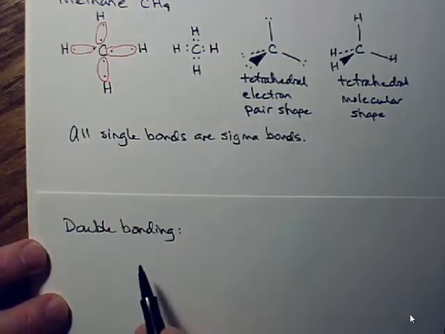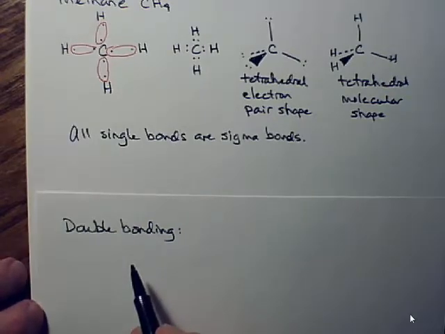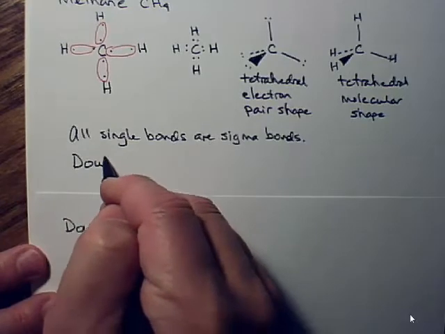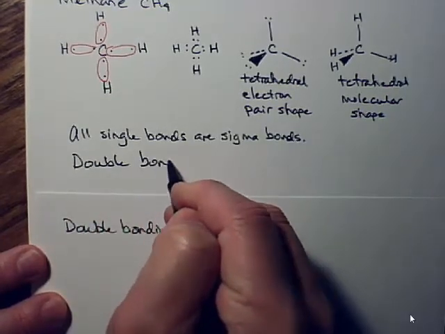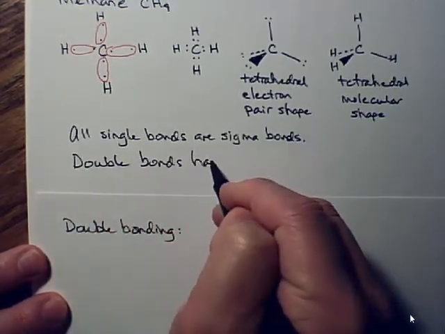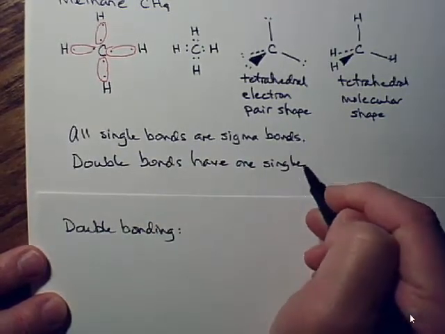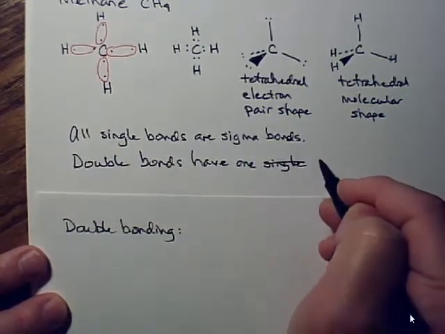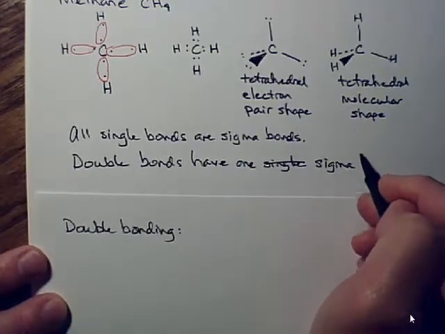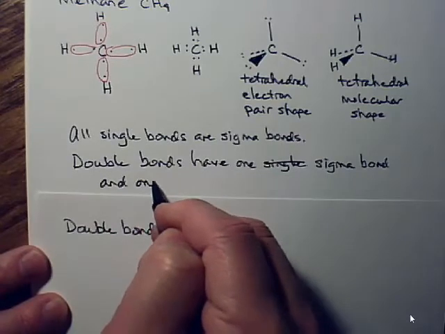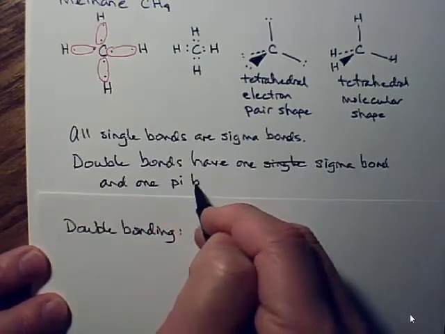When we introduce double bonding, we're going to be introducing something called a pi bond. Double bonds have one single bond, sigma bond, and one pi bond.